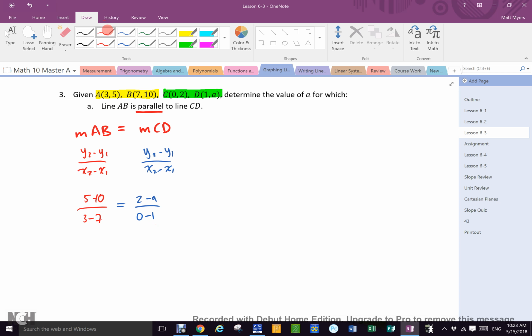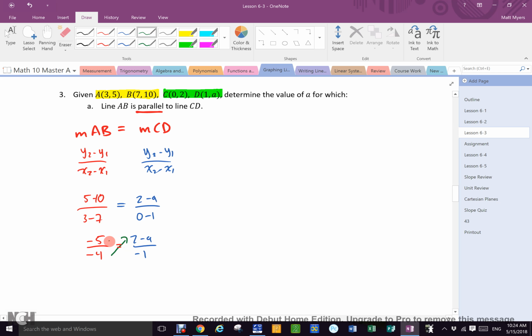Now what should I do? I should simplify everywhere, right? What's 5 minus 10? Negative 5. What's 3 minus 7? Negative 4. What's 2 minus a? That stays the same. And what's 0 minus 1? Negative 1. What do I do every single time I have fraction equals fraction?